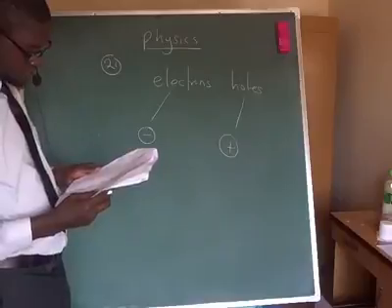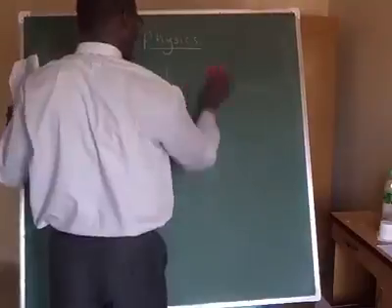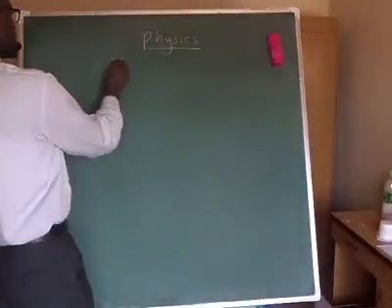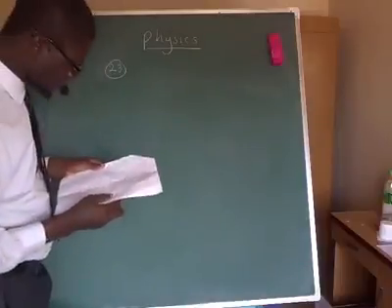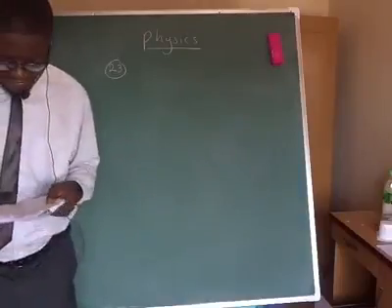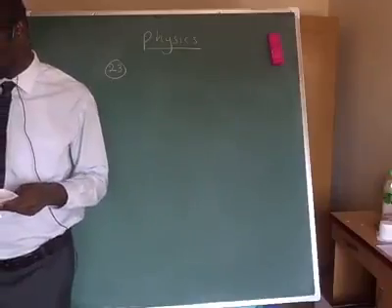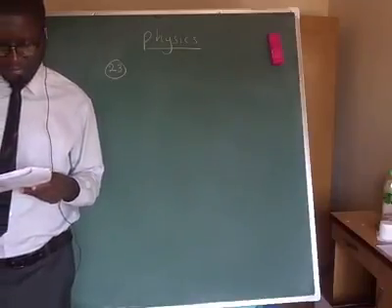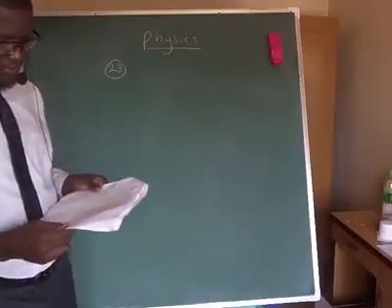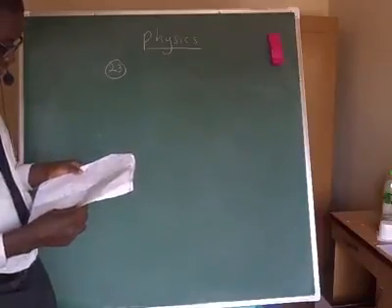Question 23 is a calculation. So the question says, if the speed of light in water is 2.26 exponential 8 meter per second, and the velocity of light in air is 3.0 exponential 8 meter per second, calculate the refractive index of water.